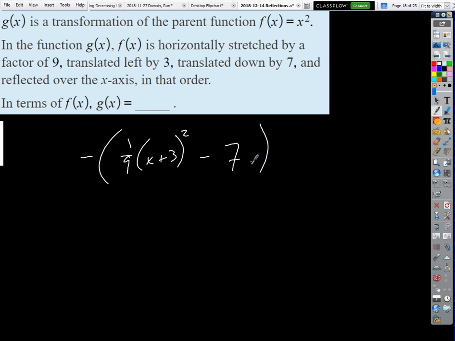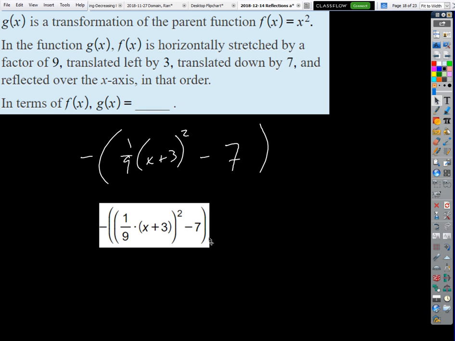You agree? Okay, so everybody get that? Tanner did, I got that exact thing.